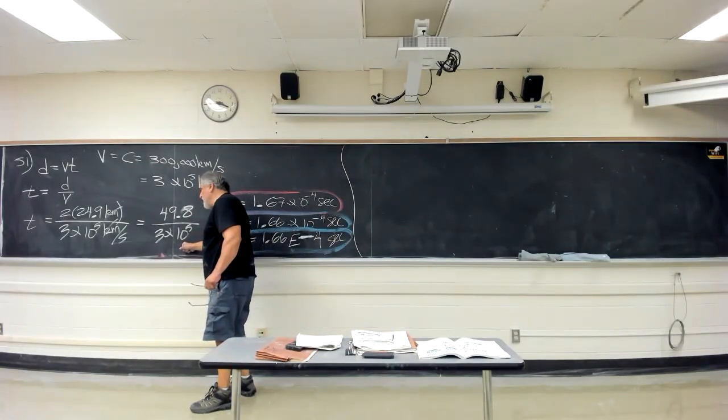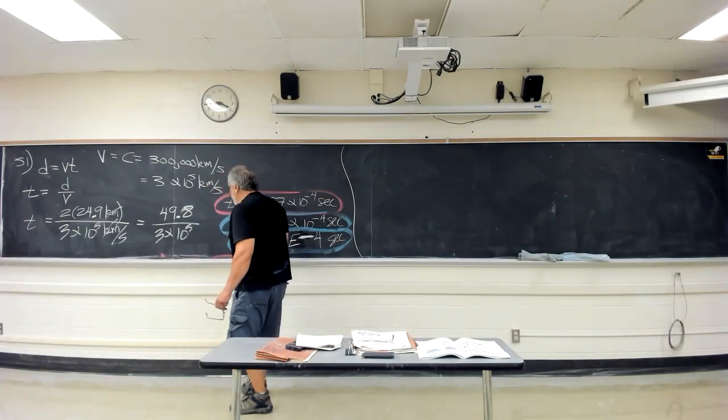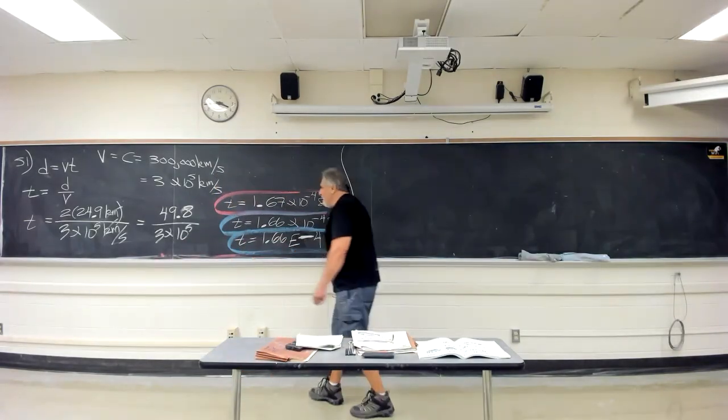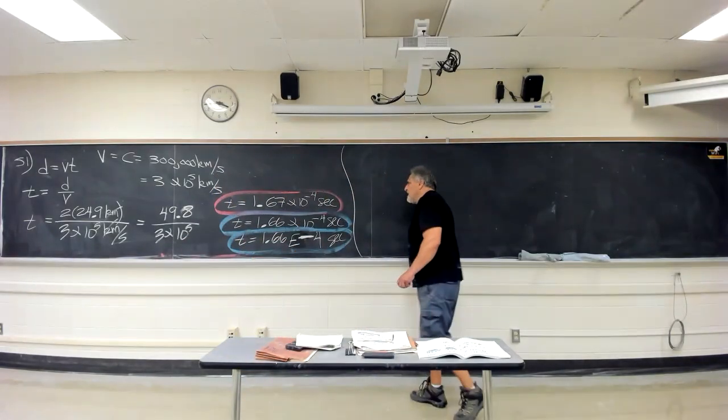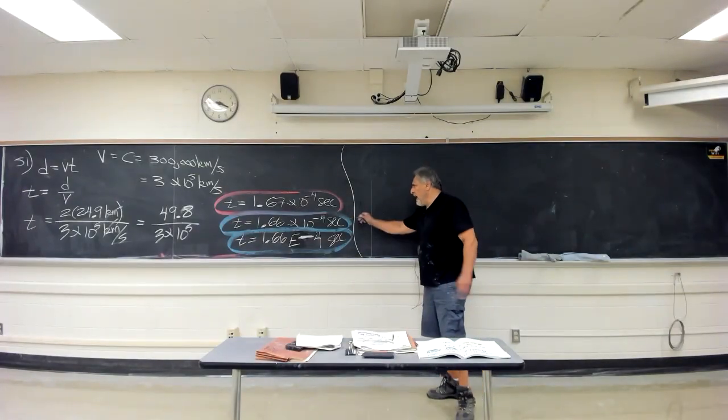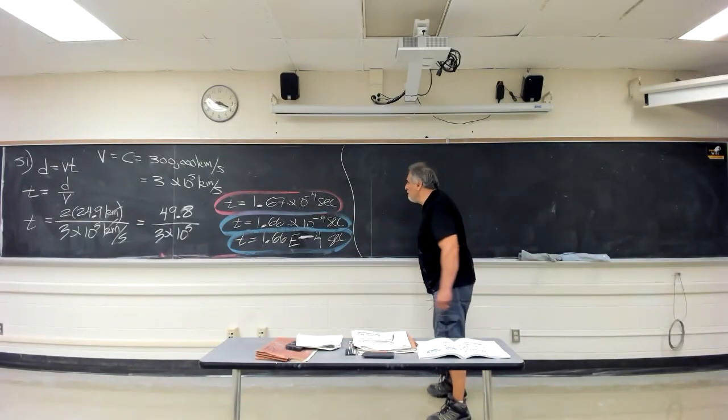This is exactly 300,000. 50 goes into 300 6 times, so it's 6,000 on the bottom. 1 over 6,000 is 0.16666 going on forever, times 10 to the negative 3. 0.166 times 10 to the negative 3 is 1.66 times 10 to the negative 4. And that's the whole argument here, guys. So we got that.